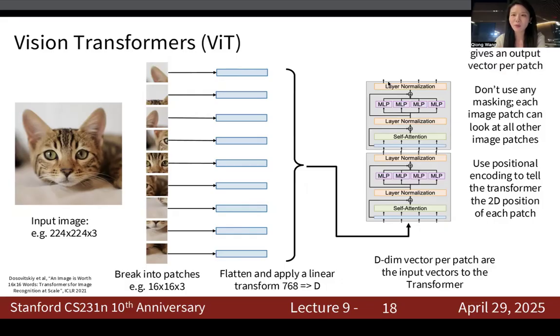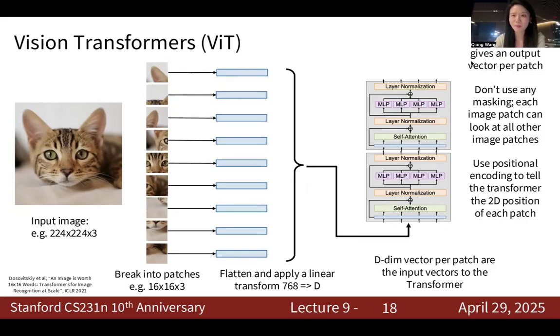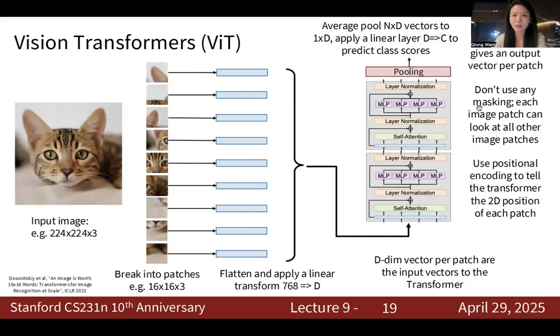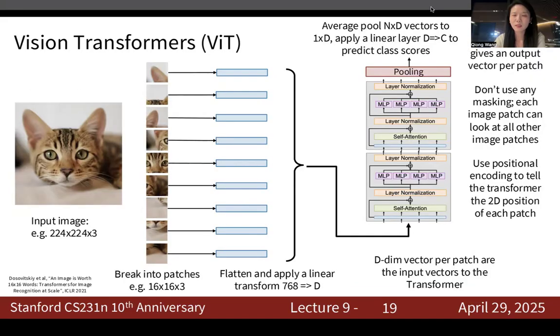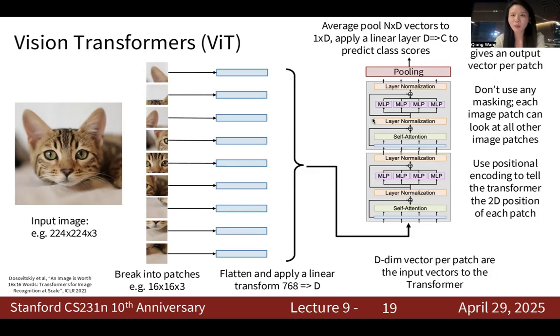And the transformer will give an output vector per patch. And for the pooling, we use average pooling, and then apply a linear layer to predict class scores.